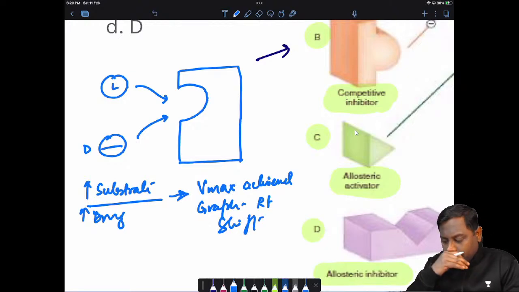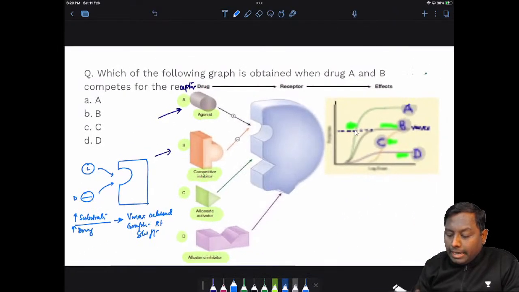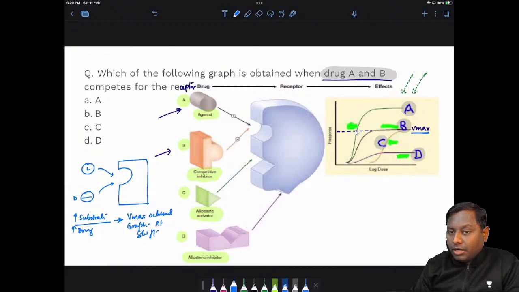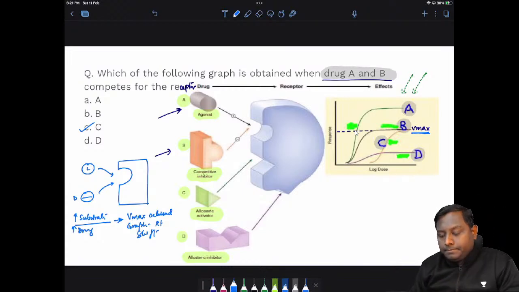I hope it is making sense to all of you guys. So here A and B are going to compete for the same site, and when you increase the dose at the high dose, you are going to achieve the same Vmax that I have given you already. So the answer to this question will be C. When A and B are going to compete with each other, you will be getting C wala graph.